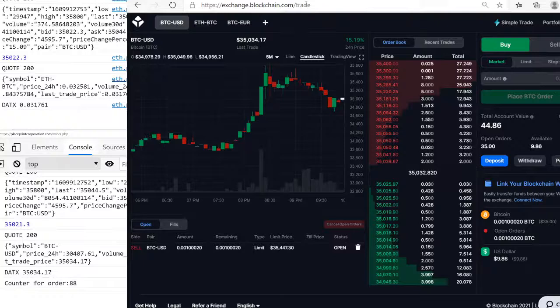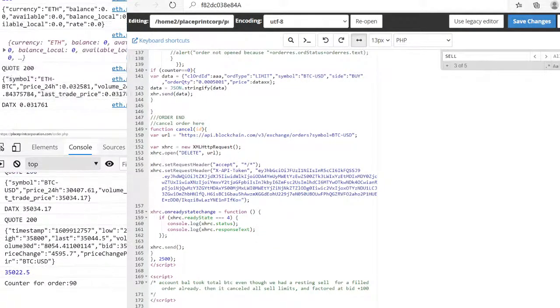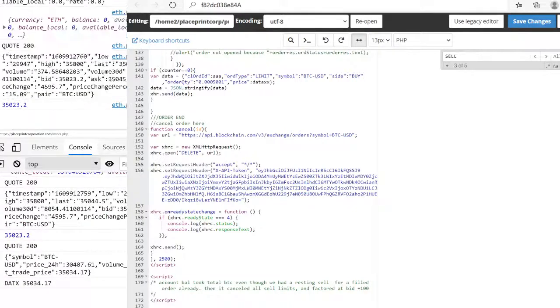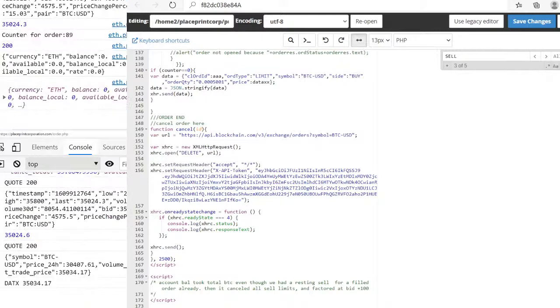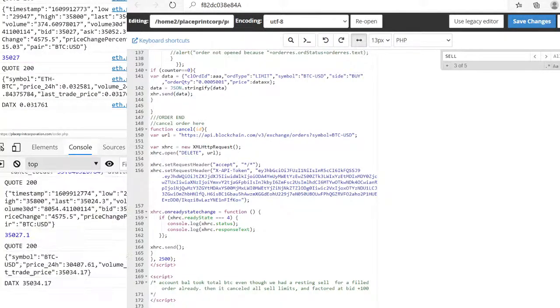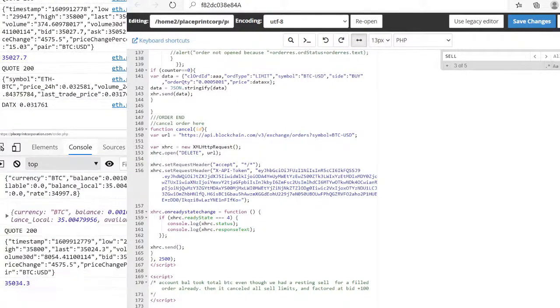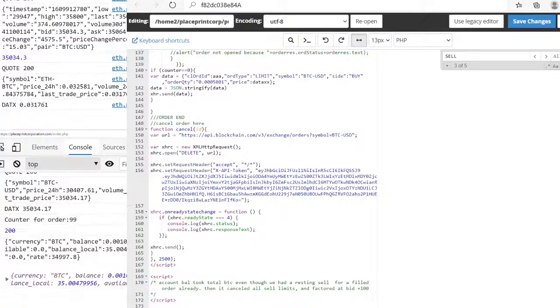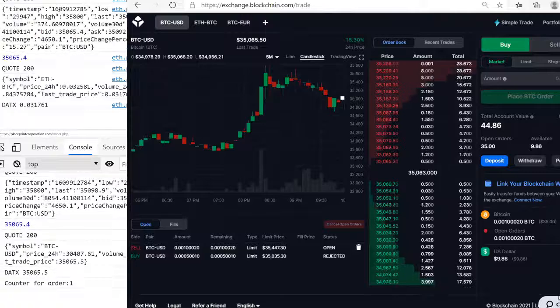But we're still just double checking that it's going to work. Try to buy order.